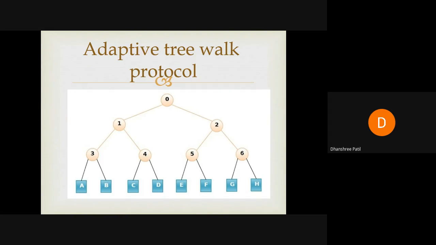How it is working, how the groups are formed. Yes, what is meant by 0 to 6, what they indicate, and what is A to H.